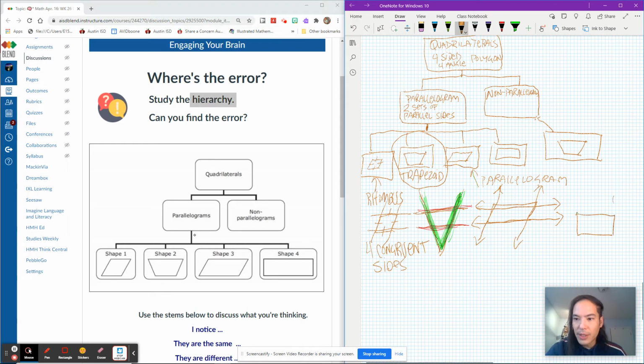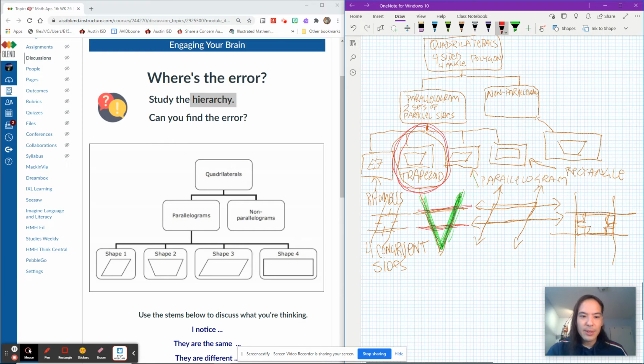We know that because not only does it have two sets of parallel sides, so it's a parallelogram, but it has four 90-degree angles. So that one right there, rectangle. As we talked about yesterday in class, in German, rect is right. So really, rectangle means right angles. So there you go. So out of all the things that do not fit, there's only one thing that is in the wrong place.